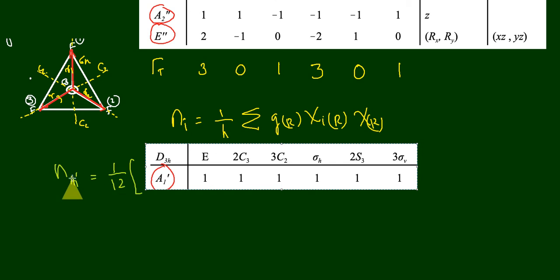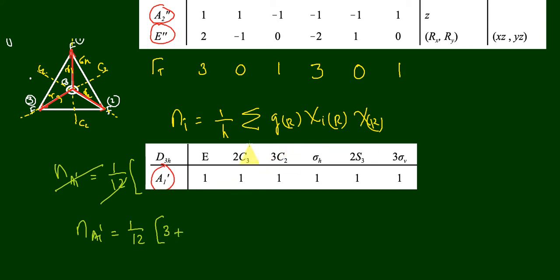So n A1 prime is equal to 1 divided by 12 into g r into chi r into chi r. In the case of E, it is 1 into 3. So that is equal to 3, plus g r into chi r into chi r.